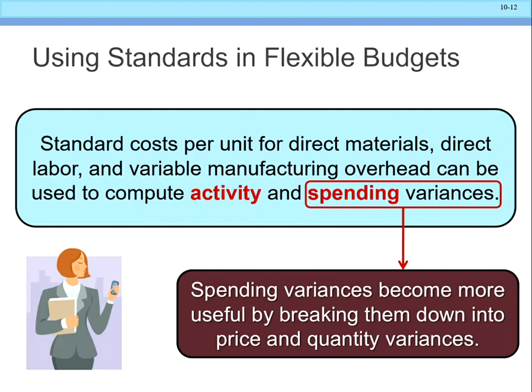So when we are flexing, we revise our budget to say, if we were preparing this budget for 80 units, which is the actual units achieved, how should the budget look? Our plan was to spend $10 per unit, and the actual units produced are 80.